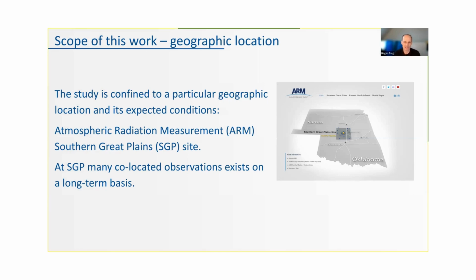So I pick a particular location, which is the ARM, the Atmospheric Radiation Measurement, Southern Great Plains site, which you can see on the map on the right, located in central northern Oklahoma. The reason why I picked this particular site is, for one, there are a lot of different instrumentations that are run on a long-term basis. And also that's a place where I wanted to do the closure study, of course.